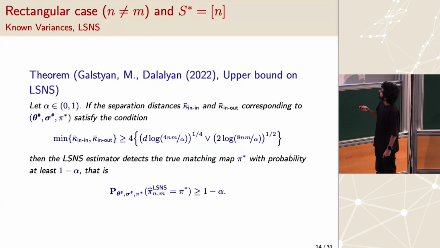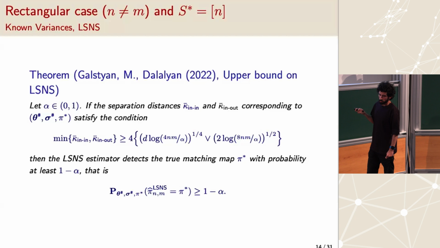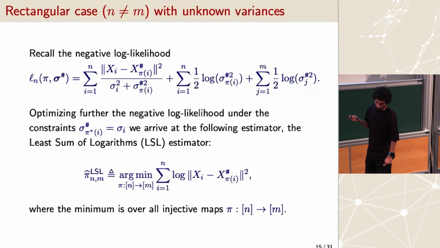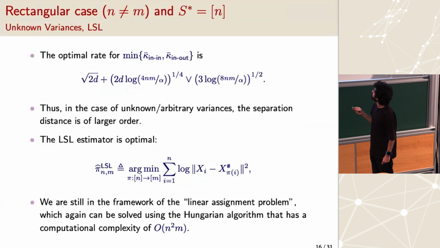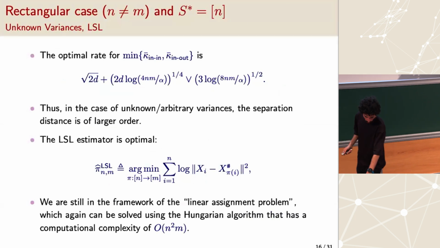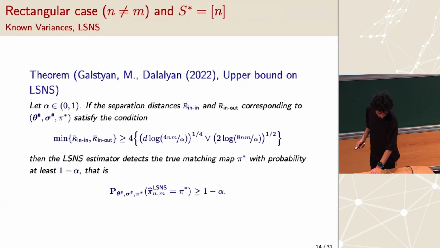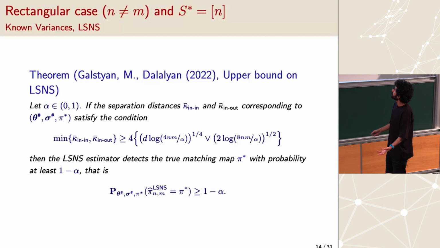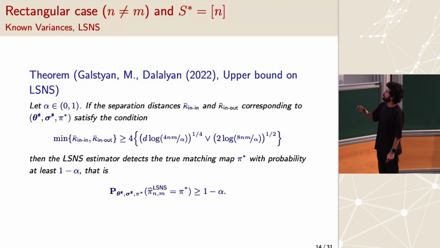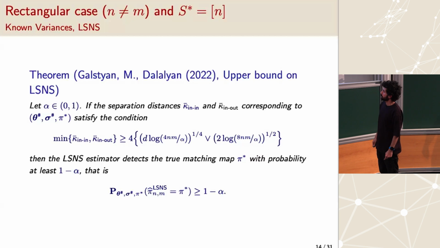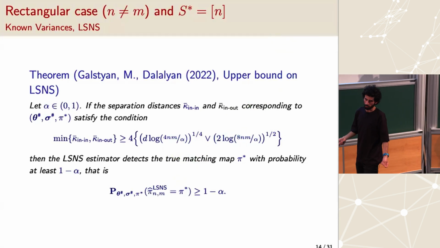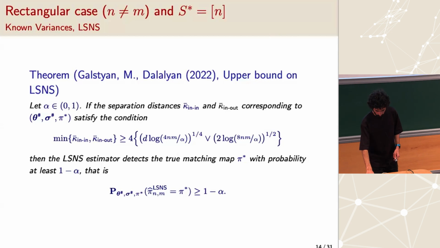So this is the theorem that formalizes the result in the previous slide. We say that if the minimum distance of these two is larger than the quantity over here, then we recover the underlying matching map pi star with probability 1 minus alpha.